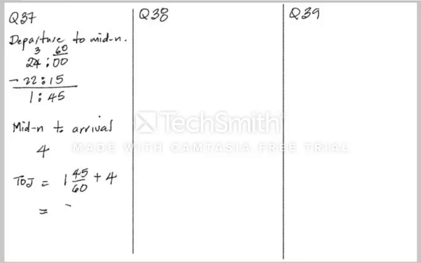So this journey took a total of 5 3/4 of an hour. 45 minutes is 3/4 of an hour. So the journey took 5 3/4 of an hour. The answer is B.